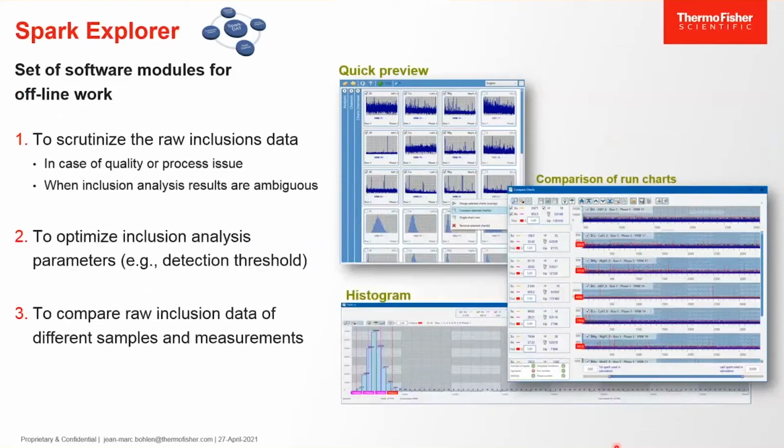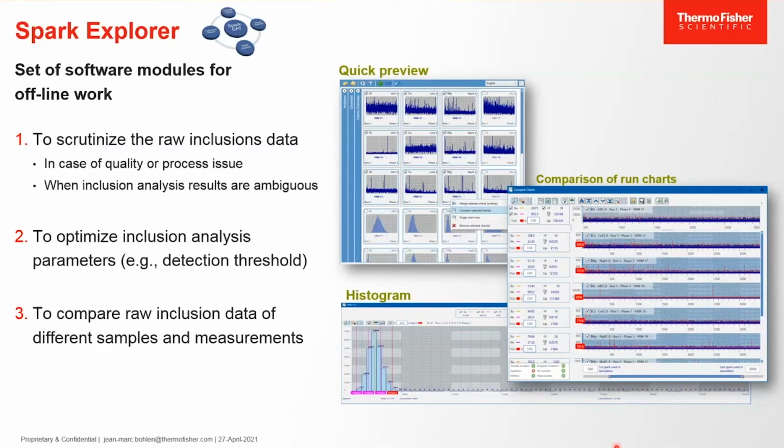The Spark Explorer first is a set of software modules for offline work. We mentioned a lot the necessity to analyze inclusions online, so during the process for steel makers, but sometimes offline is needed. Examples: to scrutinize the raw inclusion data when there is a quality or a process issue.